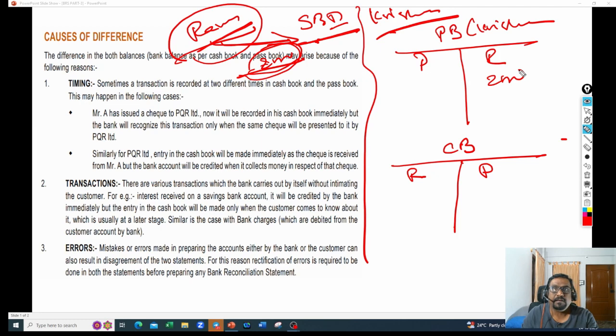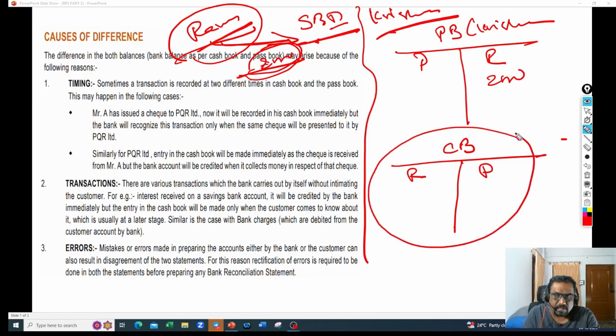I will not record that because I have not deposited. Since I have not deposited the 2,000, I will not record the transaction in my cash book at all. But the banker did. Why? It was deposited by Rama, and the banker is supposed to credit this amount in Rama's account.